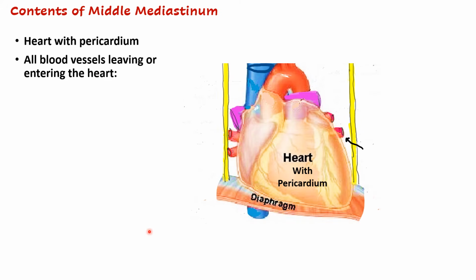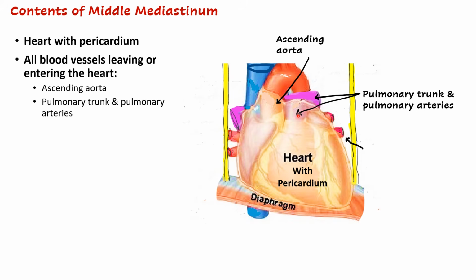So which are those blood vessels? First is the ascending aorta. Next is the pulmonary trunk, which divides into the right and the left pulmonary arteries. So these are the blood vessels which are taking origin from the ventricles of the heart. Then we have the veins which will be draining into the atrial chambers.